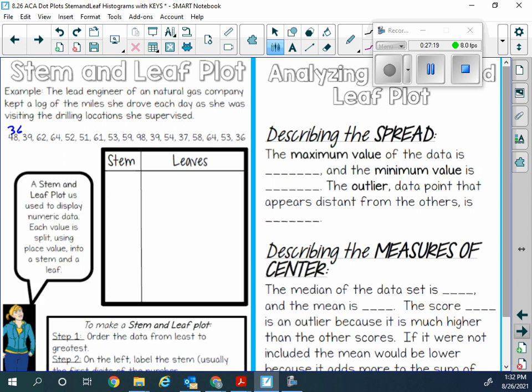36. Let's go ahead and do that. Then what? 37. Then what? 39. Then there's another 39. So you get them both as you're all writing this down. Yes. Okay. 48. 51.